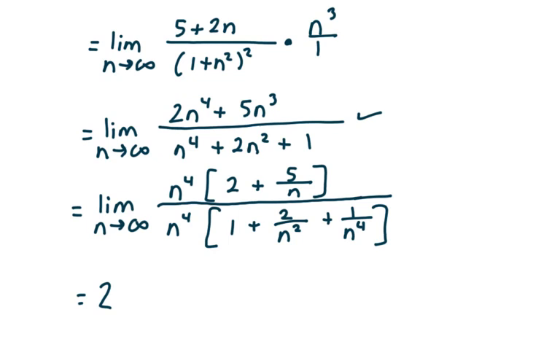When I factor out an n to the fourth from the denominator, I got 1 plus 2 over n squared plus 1 over n to the fourth. Now, as n goes to infinity, 5 over n goes to 0. 2 over n squared goes to 0. 1 over n to the fourth goes to 0. And by the way, n to the fourth over n to the fourth is 1, so those cancel. And so I'm left with 2.